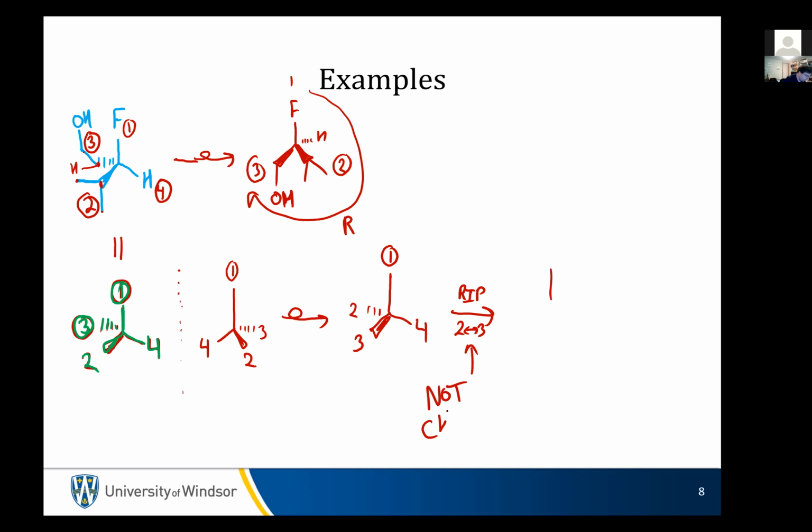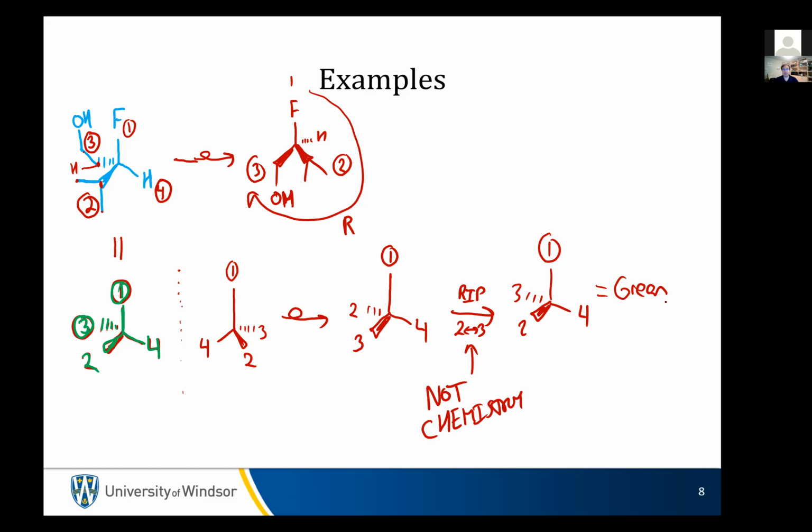This doesn't happen, but it's useful for us. Then I'm the same as the green.